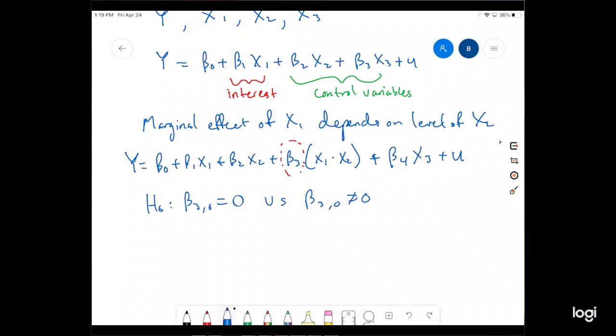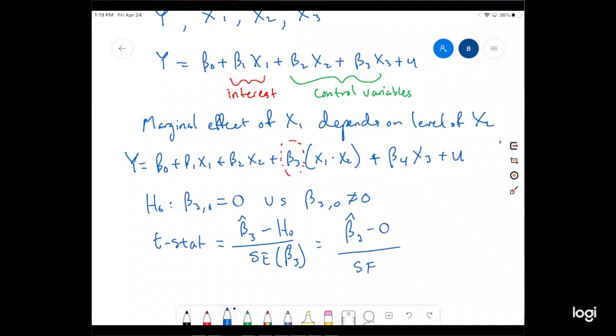Okay, so the test statistic, of course, is going to be the t-stat because we're talking about one variable. The test statistic is going to be beta 3 hat minus the null over the standard error of beta 3 hat, which is equal to beta 3 hat minus 0 over the standard error of beta 3 hat, which is equal to beta 3 hat over the standard error of beta 3 hat.